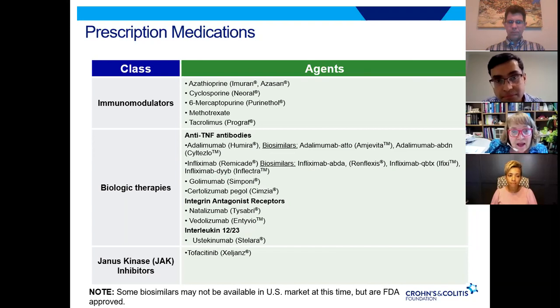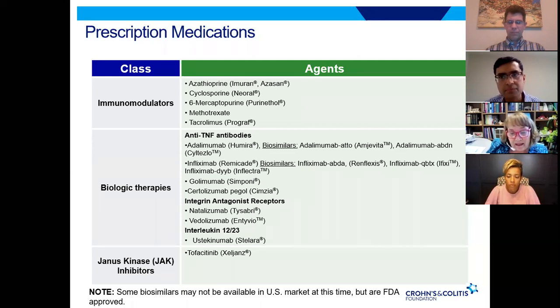Now, then we move to the newer therapies or the biologic therapies, and these have really revolutionized treatment of ulcerative colitis and Crohn's disease. There's different types, and you use different biologics depending on where the disease is and the activity of the disease.